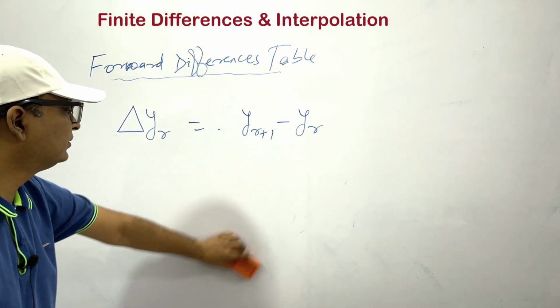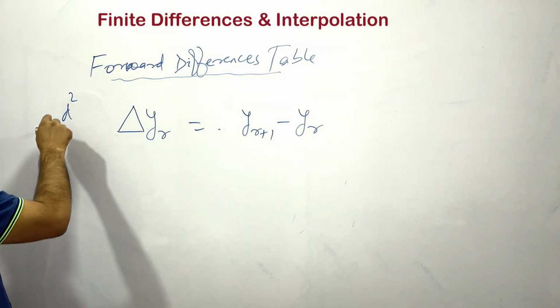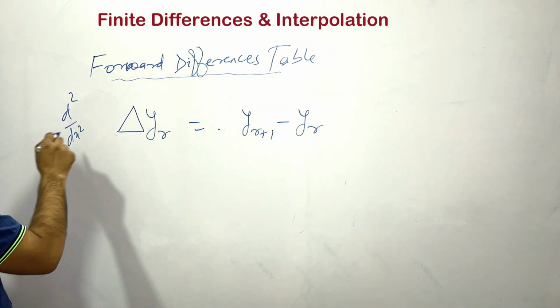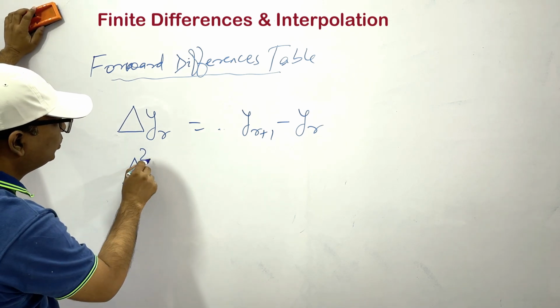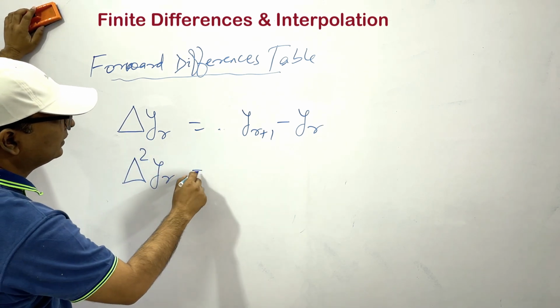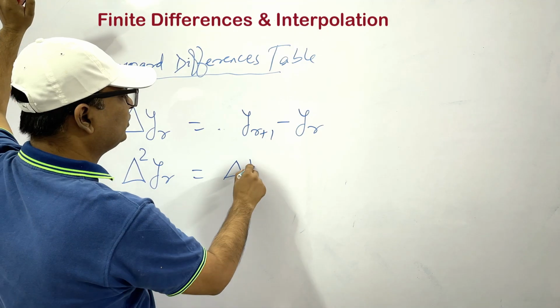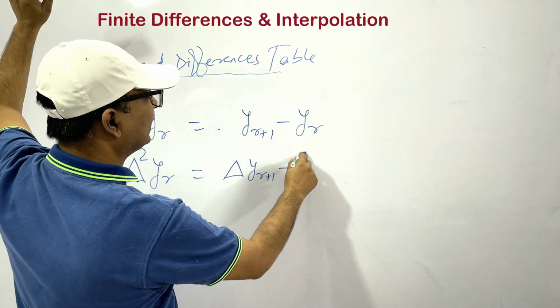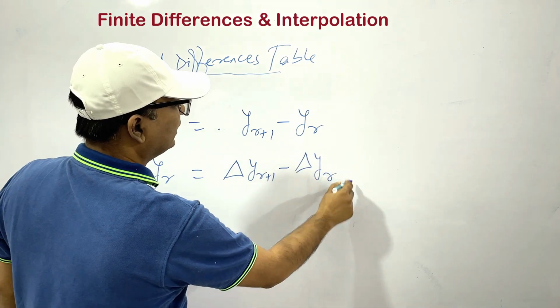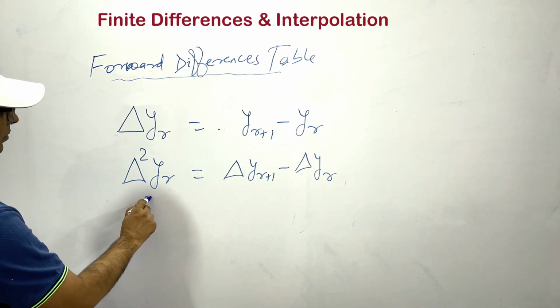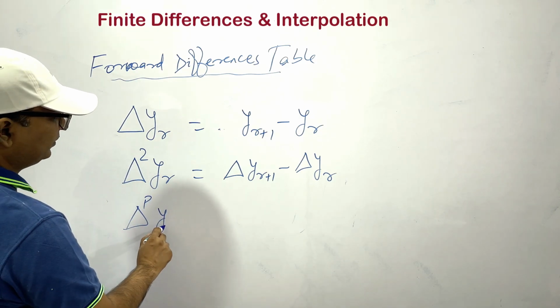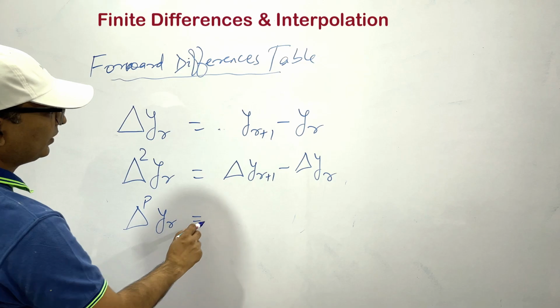Then, as we have orders in differentiation, d2 second order is d like this. Similarly, we have second order operator. This is del 2 yr. This is nothing but del of y(r+1) minus del of yr. Okay. Similarly, directly I am writing del p of yr. How will we write?